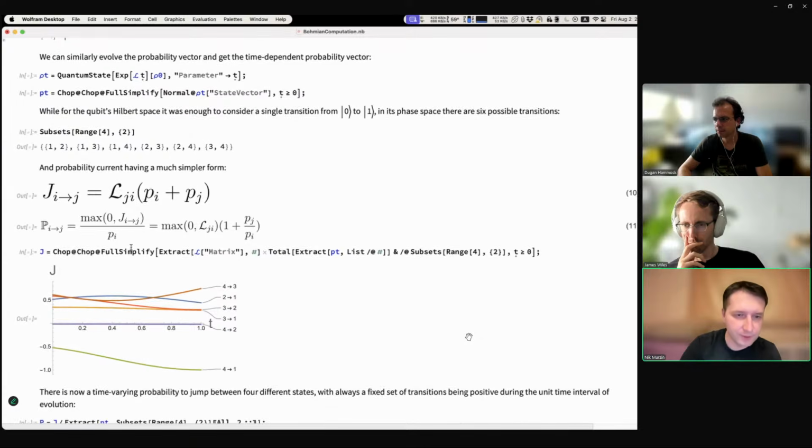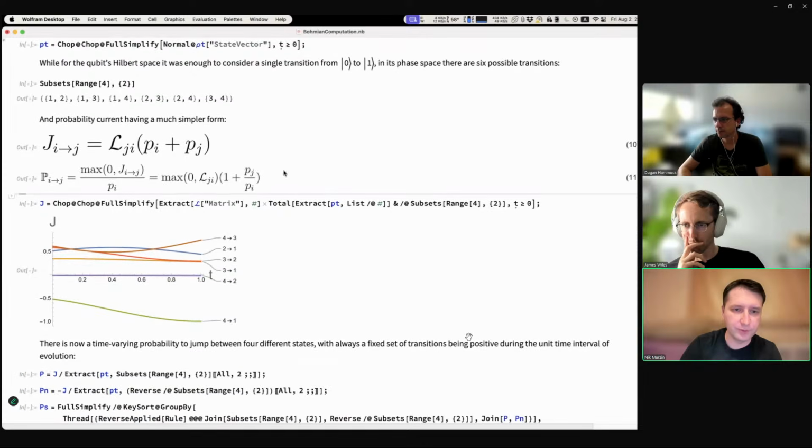You do the same kind of truncating of the current so that it's always positive. It's also much nicer in that it's always fixed in sign. It's either always positive or always negative.